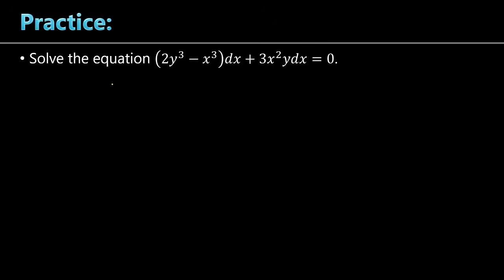Ayan. So this is our practice problem for this topic. Solve this differential equation. Okay, so paano siya i-solve? Kinakailangan una, i-express mo muna siya in the form of the Bernoulli DE. Ano nga yung form ng Bernoulli DE? It's y prime plus p of x y equals q of x y raised to n.